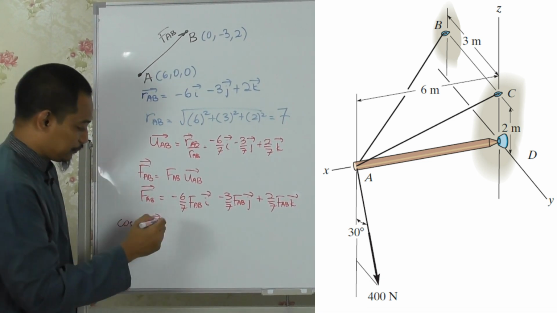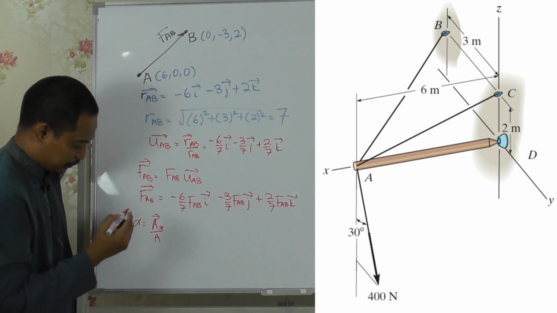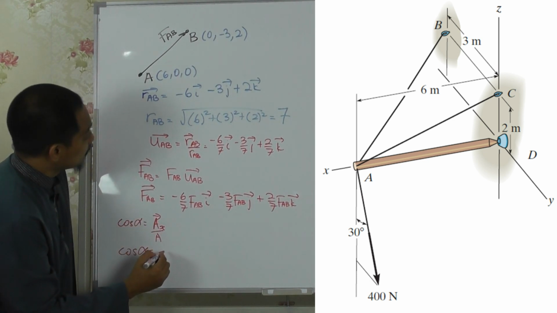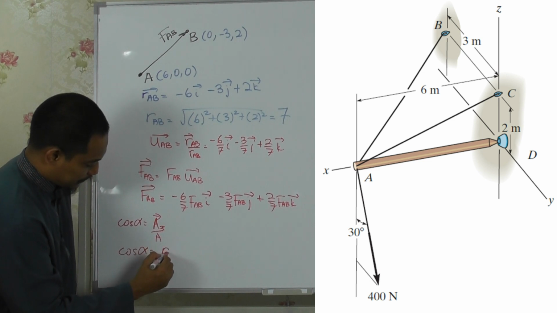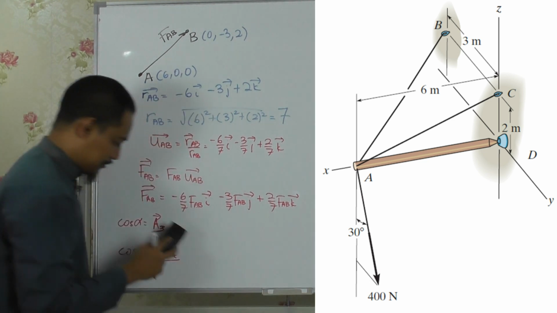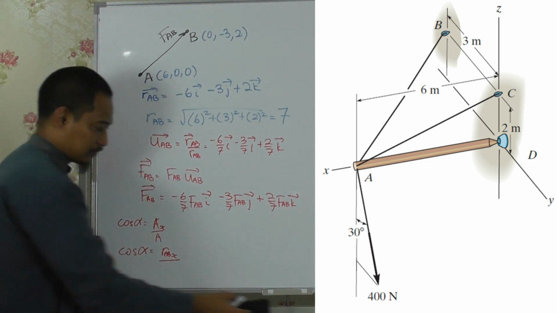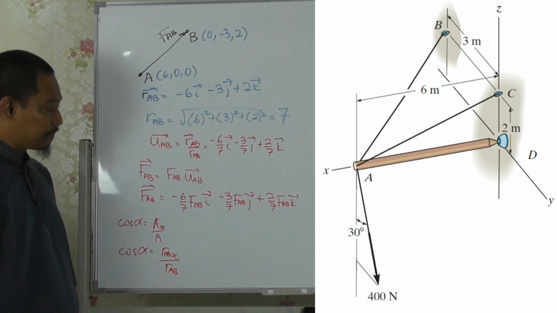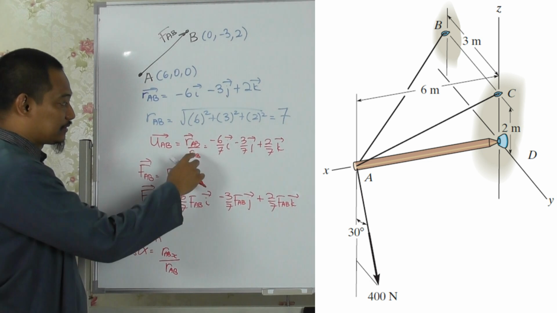So if you use cos alpha, it is RABX over, sorry, this is no longer in the vector form, it's a magnitude, over RAB, meaning this divided by this.